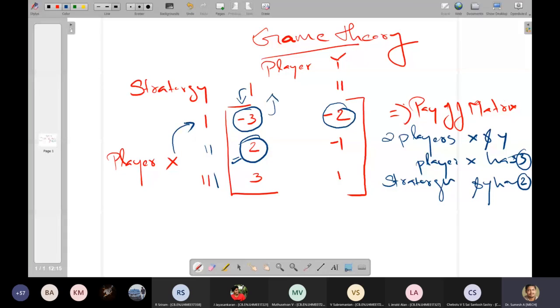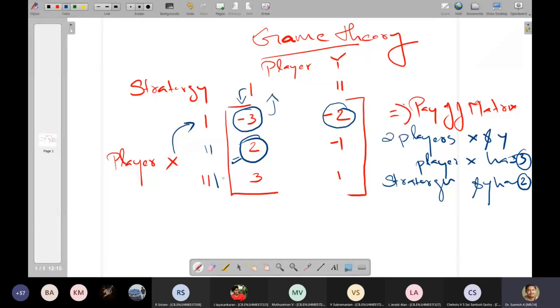The payoff of each combination of strategies of the players is placed as an element within the matrix. A positive entry indicates gain, while a negative entry indicates loss to X.